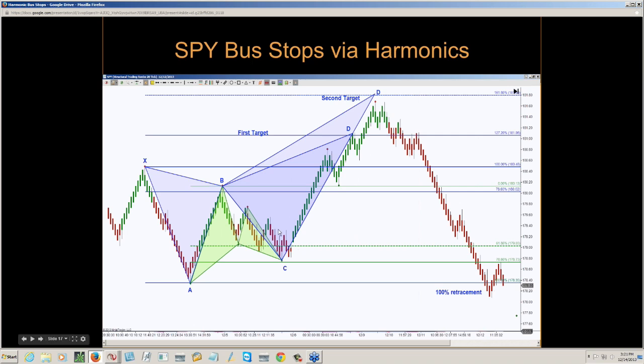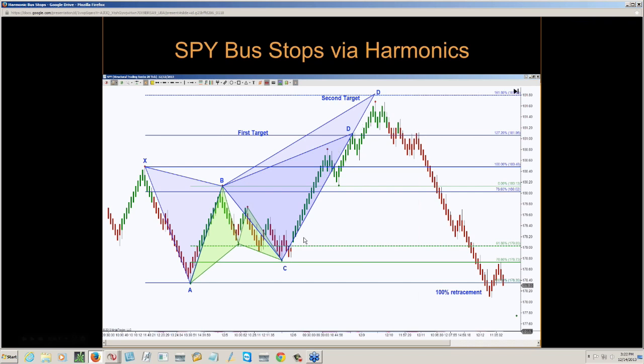In other words, if you're looking at this chart and after the C point is complete, the little green Gartley is completed and it starts going into reversal, and I see the green bars, whatever gets me into the trade should get me out of the trade. So if I go long because I have green bars and I'm thinking this Gartley is going into retracement mode, I'm looking for the final leg of the bigger harmonic.